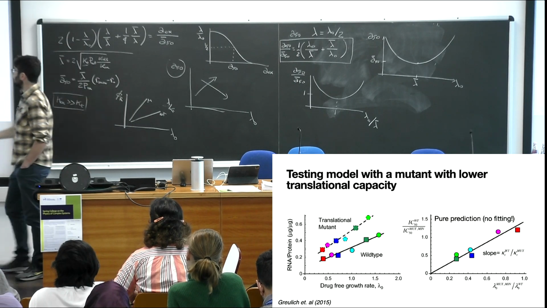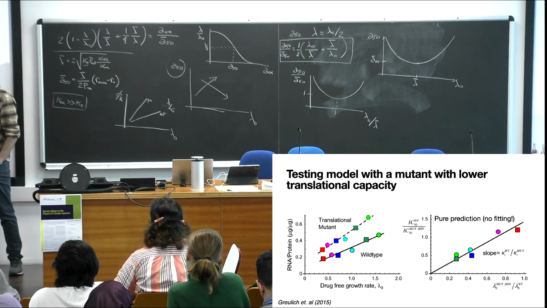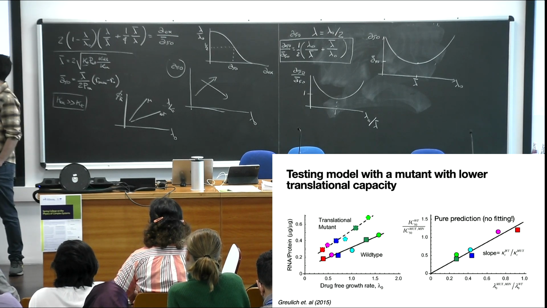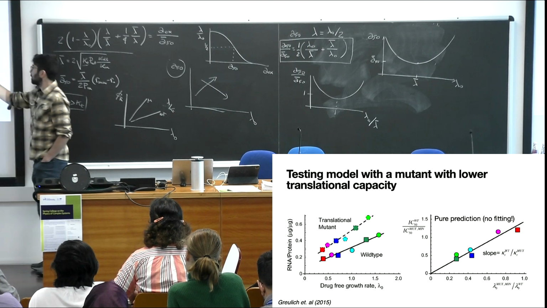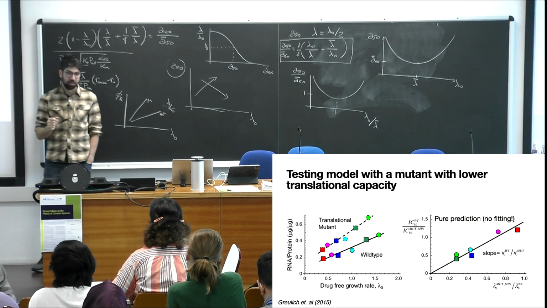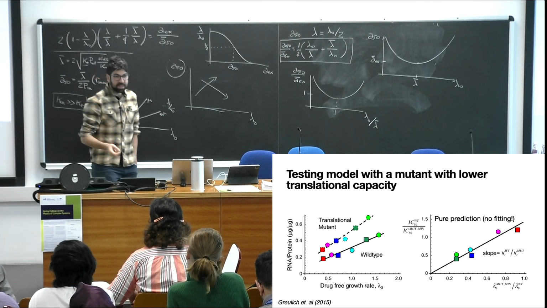And what you expect is that these two are related across the different nutrients, and the slope of this relation is this ratio here, which is a constant. Okay? And you get that this prediction holds. Okay? Which is highly non-trivial, right?